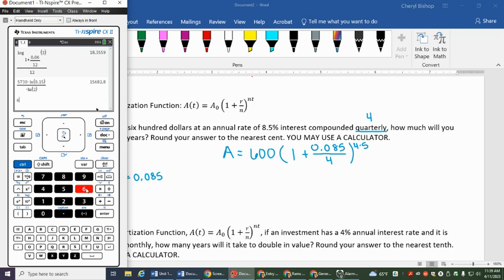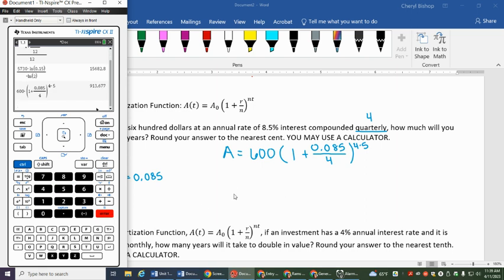So I'm going to do 600, parentheses, 1 plus, I'm going to hit control divide to make my cute little fraction, 0.085, arrow down, over 4, arrow out of my parentheses and raise the whole thing to the 4 times 5 power. If you want to just raise it to the 20th, you can.